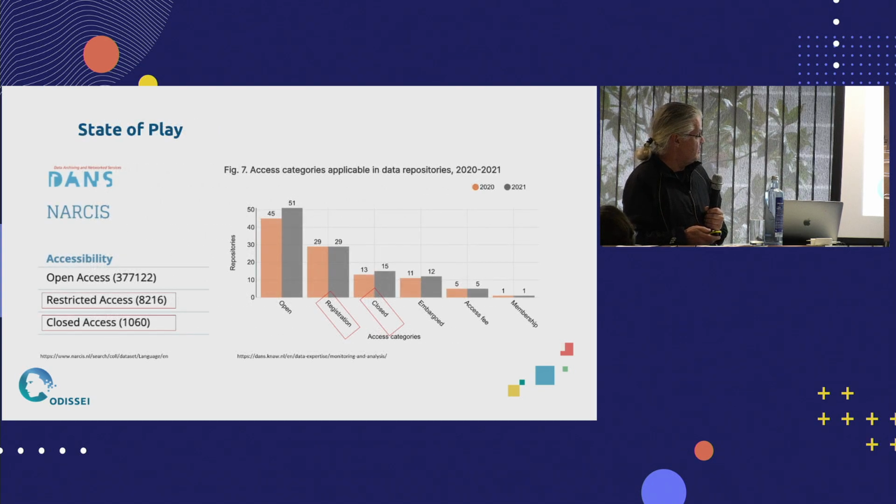Okay, we did a little bit of investigation. The statistics are a little old, but I don't think it has changed much in terms of the typical licenses in use in the Netherlands. As you can see towards the right-hand side, roughly half of the deposits of data sets in repositories in the Netherlands are open or have some kind of open license. And then roughly about 30% have some kind of requirement to register, but not much more.